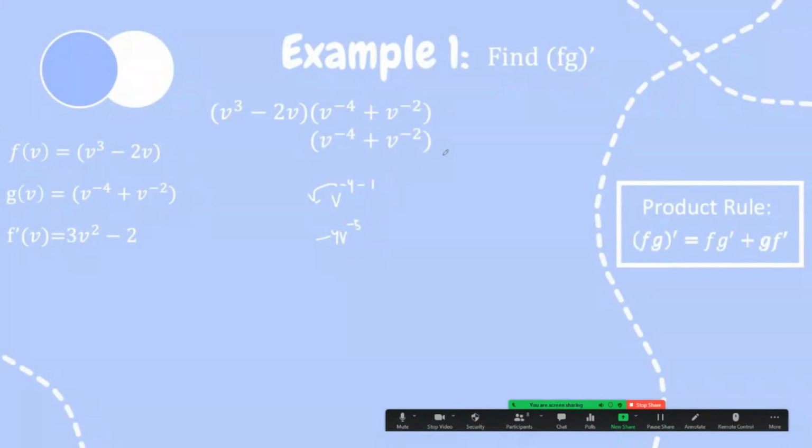Then we have that v to the power of negative 2, and bring it over, subtracted by 1. It is negative 2v to the power of negative 3. So the derivative of g of v equals negative 4v to the power of negative 5 plus negative 2v to the power of negative 3.